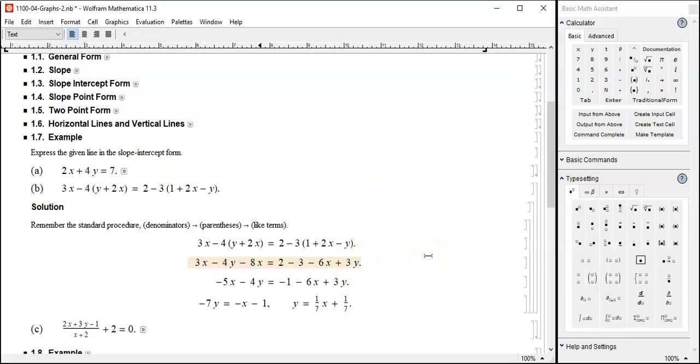Remember, there is no such thing as subtraction. We only have addition and multiplication. There is no such thing as subtraction or division. They're just inverse procedures, just adding negative numbers. So the sign is part of the next number. Okay. From here, taking the like terms together, and then solving for y, tedious but elementary.